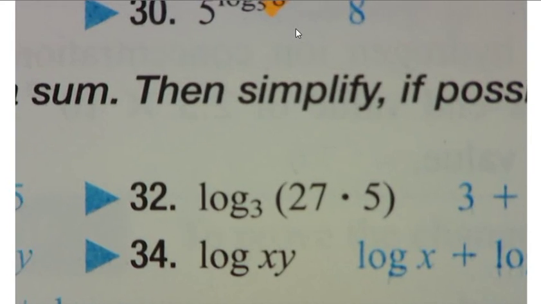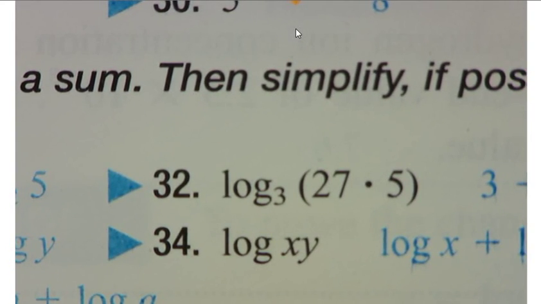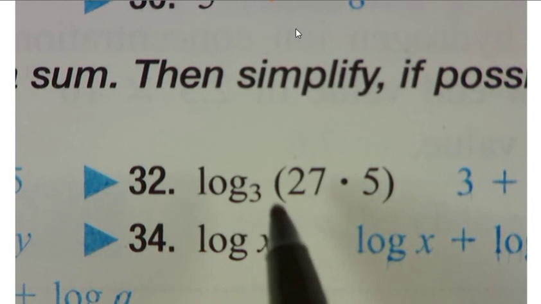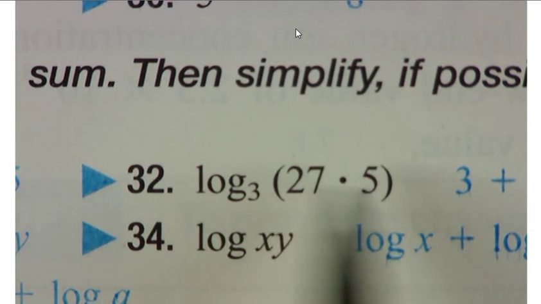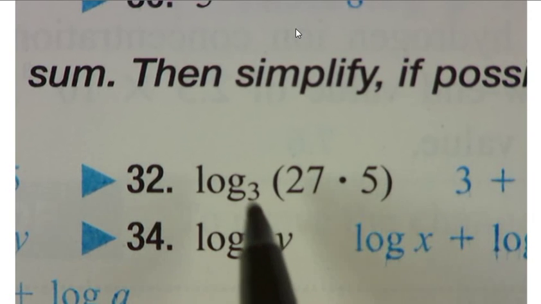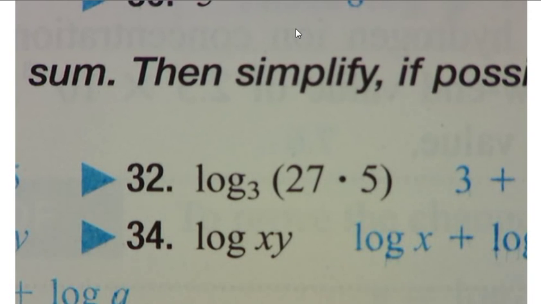There. So 3 is a subscript. That's written kind of below the line. Everything else is on the line. So it's log base 3 of 27 times 5. It's on page 972.